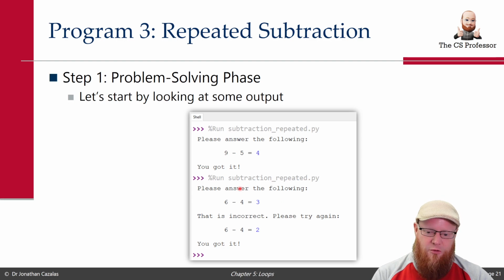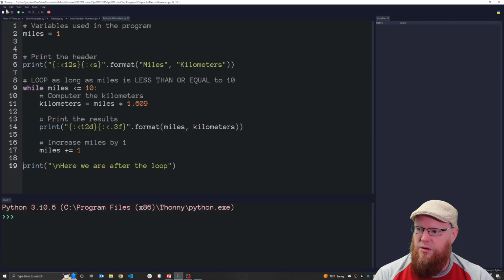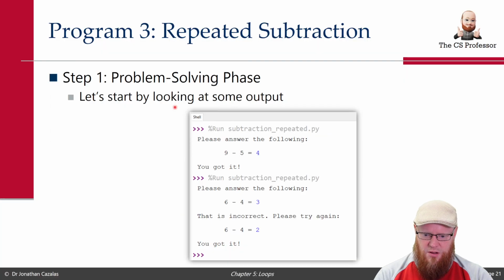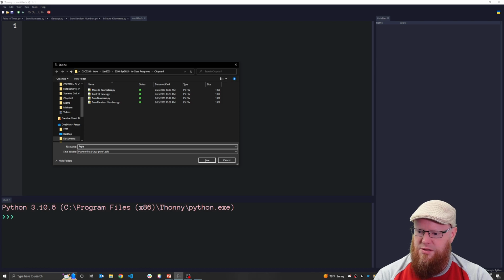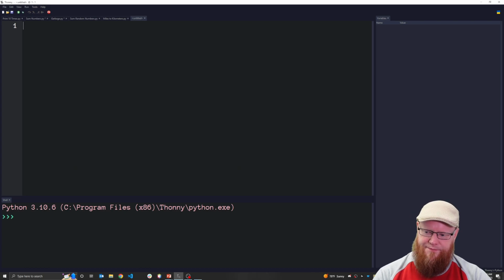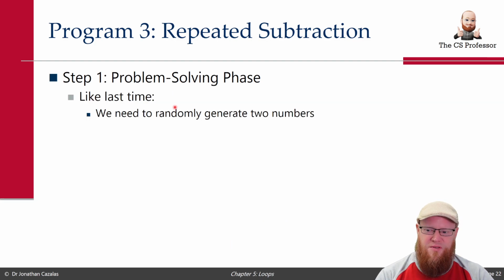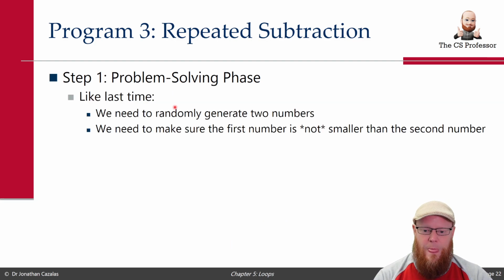And let's leave that right there and come over here to our new project. Let's call this save. And what was it called? Let's call it repeated subtraction. So what do we need to do? We need to, first of all, look at the problem solving phase. Generate two random numbers. Make sure the first is not smaller.